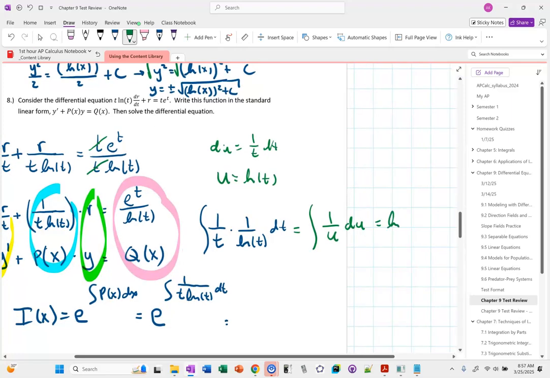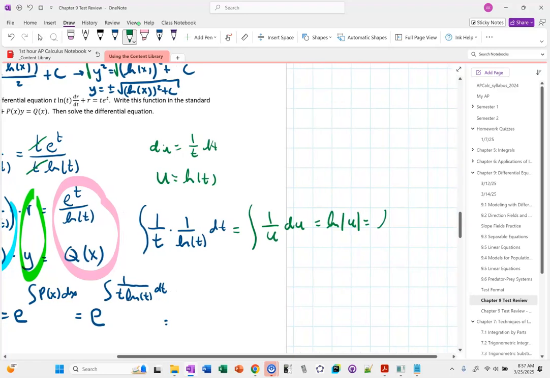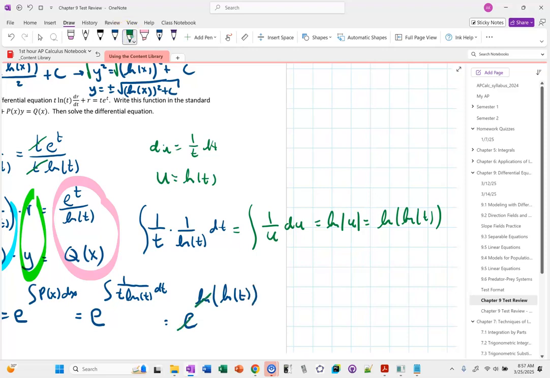So that's going to be the natural log of u, which is just the natural log of the natural log of t. And those guys will cancel each other out. So I'm left with natural log t as my integrating factor.